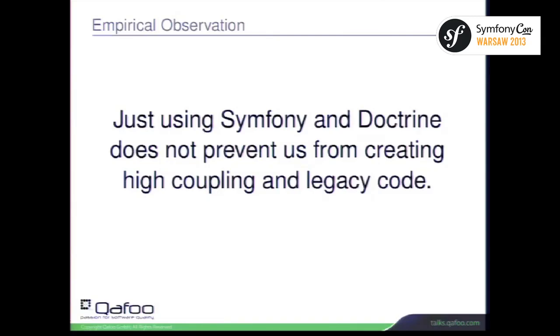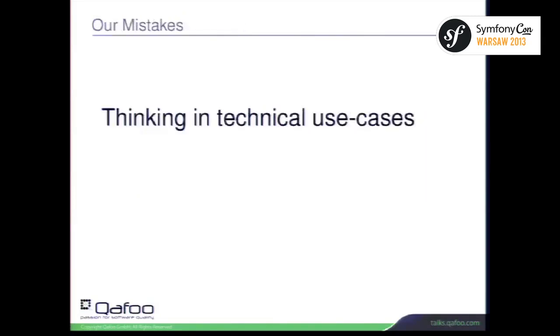So just using Symfony or any other framework doesn't prevent us from writing bad code and writing code that is hard to maintain. So what are the actual problems that we're having, and what are the mistakes that we are making? Most of the stuff I also did wrong. There are Symfony applications out there that I wrote that are also very big and have very high coupling.